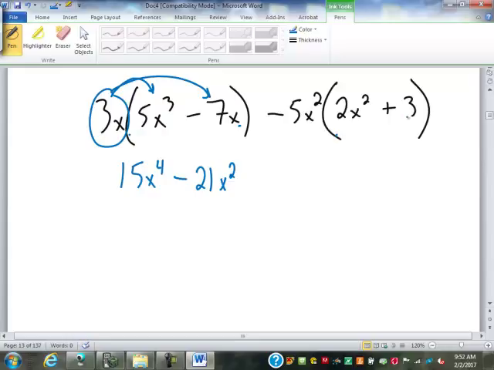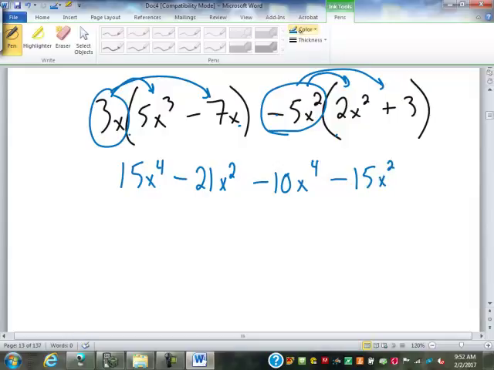Again, nothing to do inside of them. So we're going to multiply by, it's a negative 5x squared. Don't miss the negative there. So negative 5x squared times 2x squared. Negative 10x to the fourth. Negative 5x squared times 3. Negative 15x squared. Good.